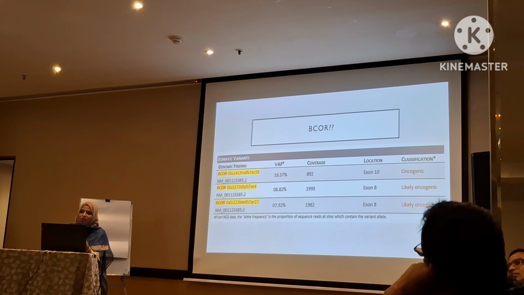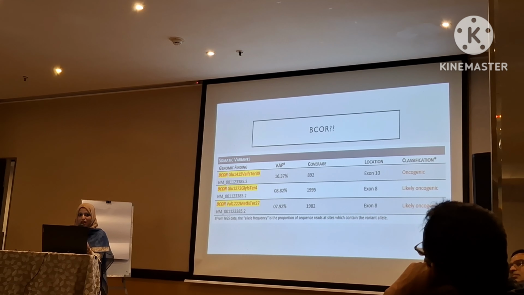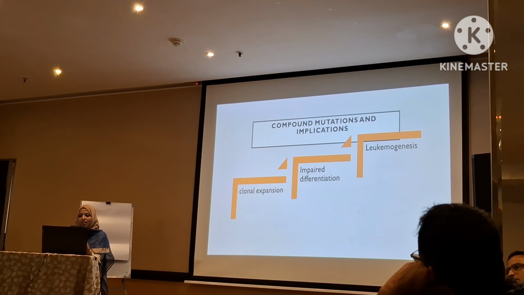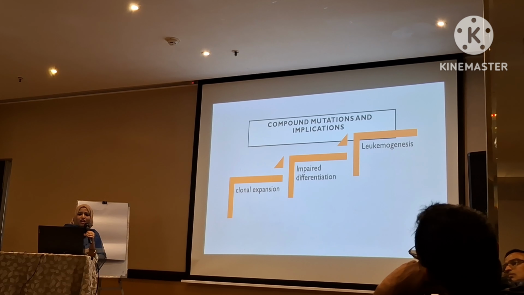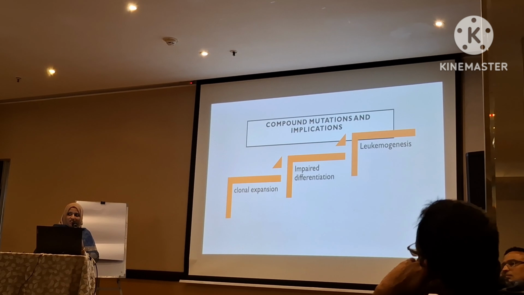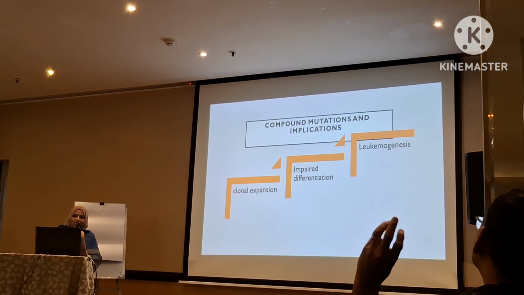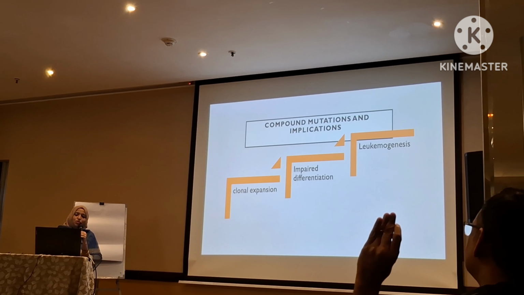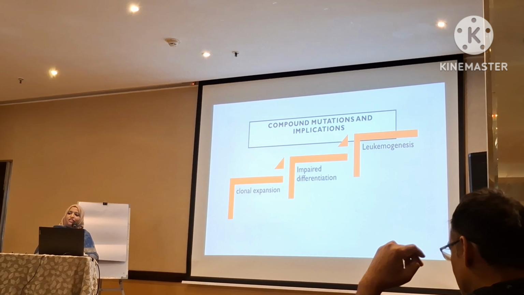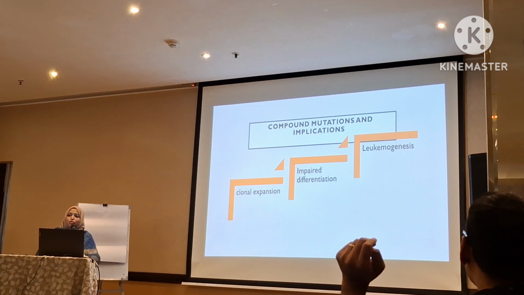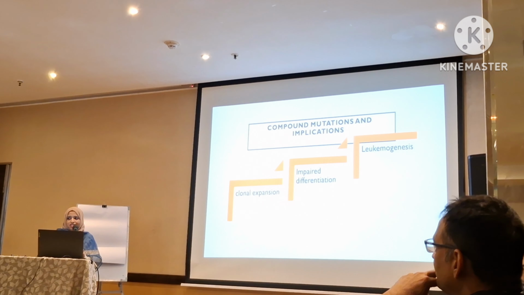Whenever you see a BCOR mutation, you tend to see multiple BCOR mutations. The reason being, if you recollect the two-hit hypothesis of tumor suppressor genes, to nullify the effect of tumor suppressor genes you need to inactivate both the alleles. Then only the tumor suppressor activity will be lost.